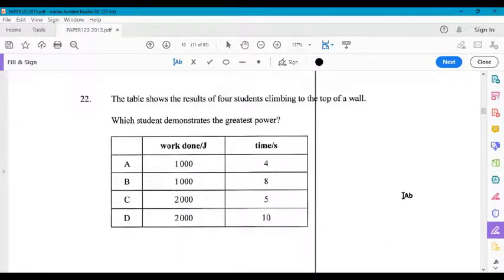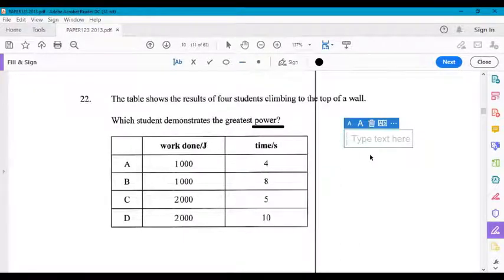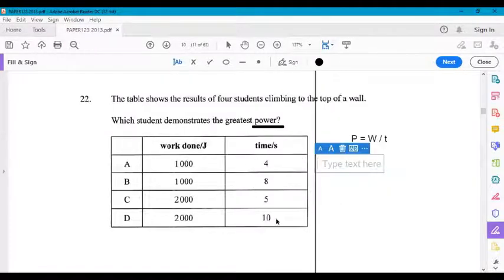Number 22, the table shows the results of 4 students climbing to the top of a wall. Which student demonstrates the greatest power? So we're talking about mechanical power here. We're looking for the formula that relates power, work, and time. Power is equal to work divided by time. So you're going to have to work out each one of those.